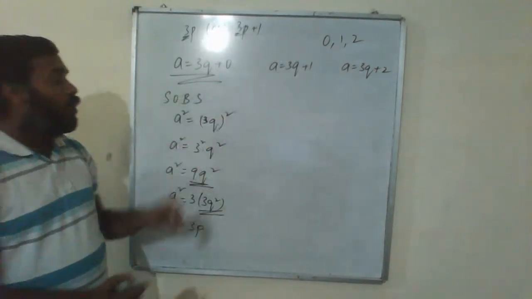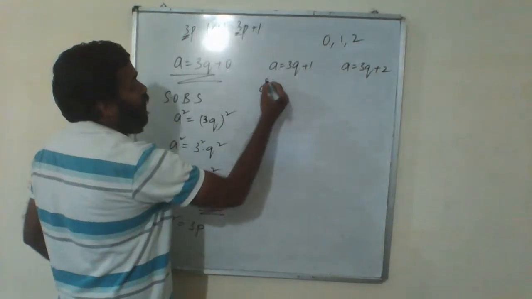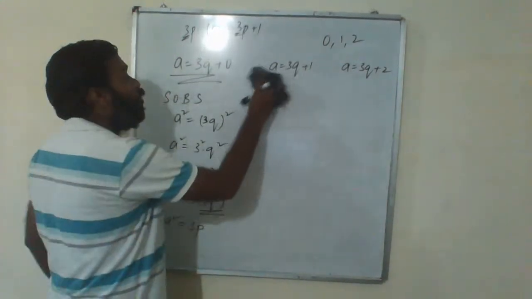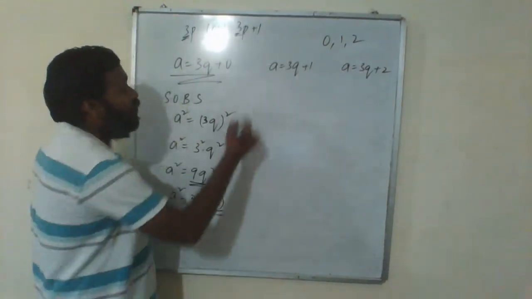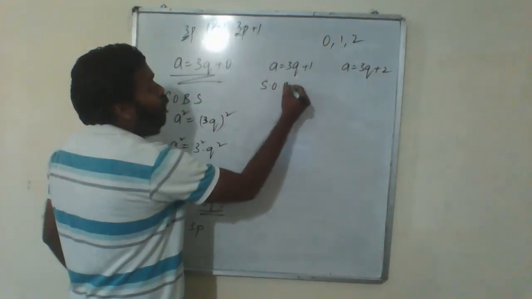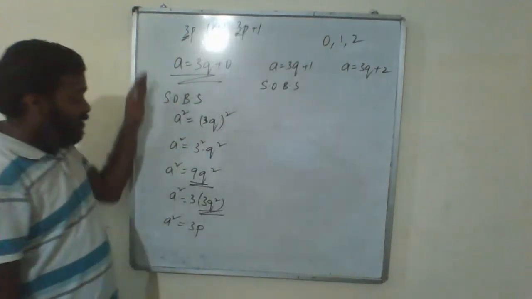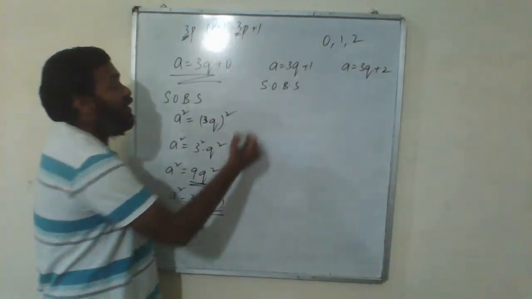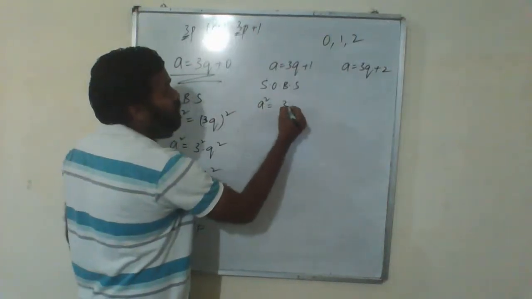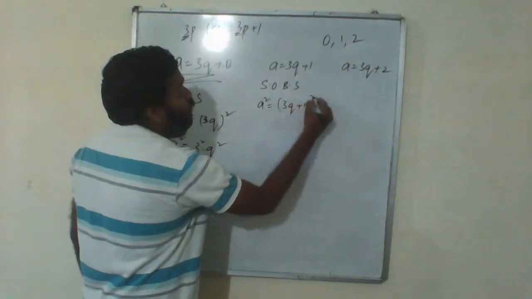Let us go for the next one. Again we have to square it because we are asked for the square of the positive integer. So squaring on both sides. This is our first case, and this is our second case: a square equals 3q plus 1 whole square.